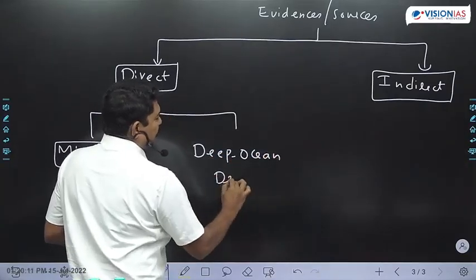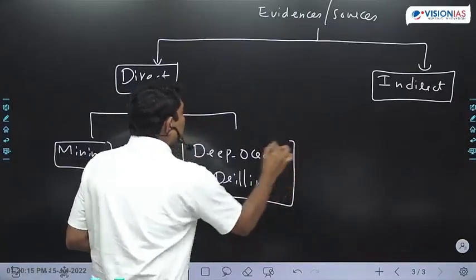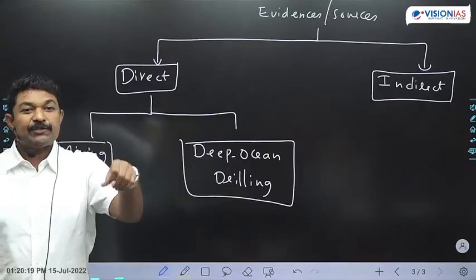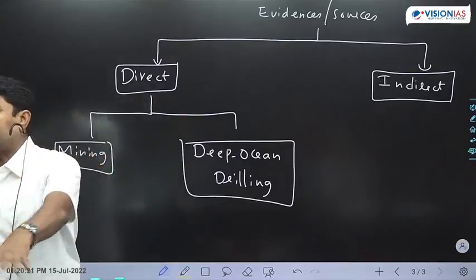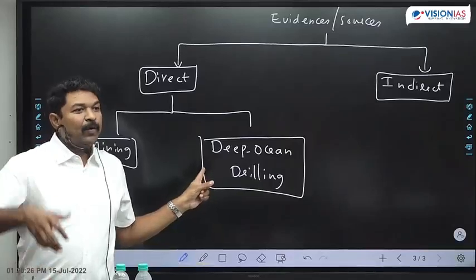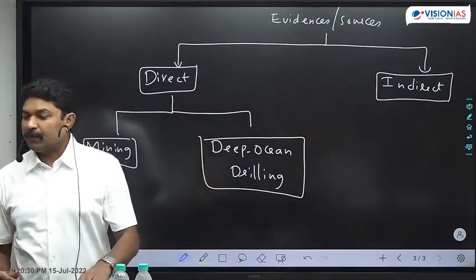Deep ocean drilling is also a sort of mining. Whenever you are drilling the deep ocean to know to what extent we can drill, that is also a mining type of activity. We can drill and collect rock samples from there, maybe at a depth of 12 kilometers.